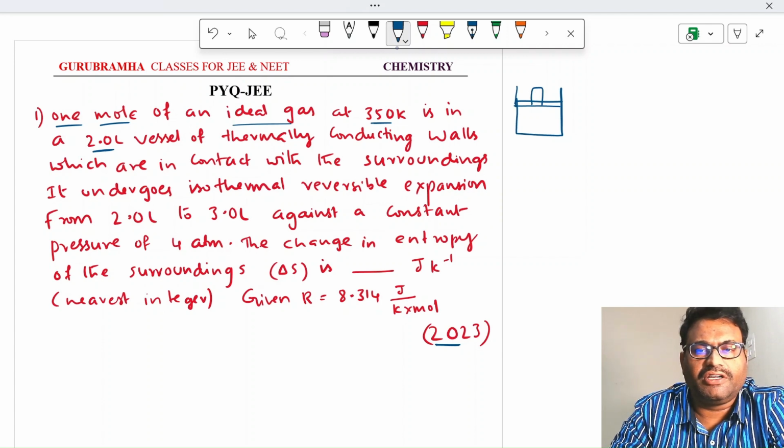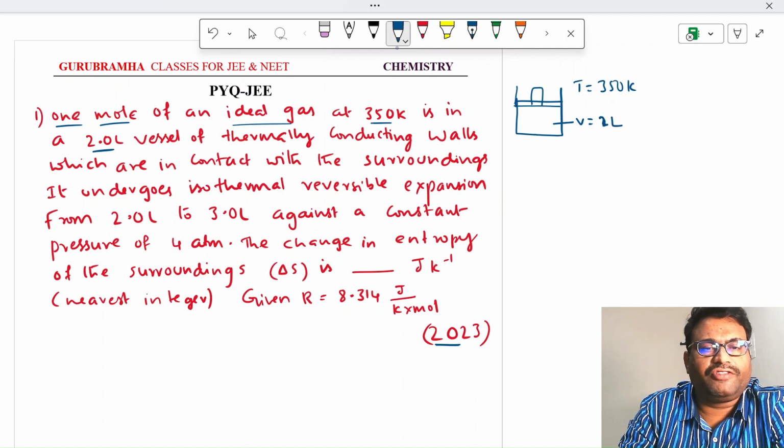Let us take the ideal gas enclosed in a cylinder with a piston, at a temperature of 350 Kelvin and volume 2 liters, with thermally conducting walls. These walls are thermally conducting, which allows heat to flow through. Such walls are called thermally conducting walls, which are in contact with the surroundings.